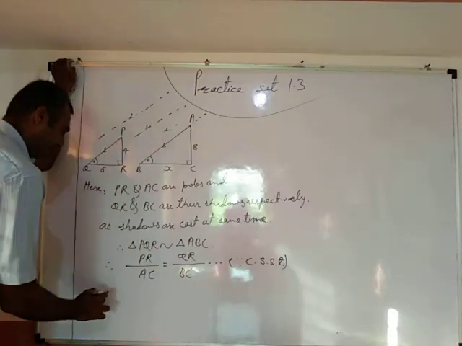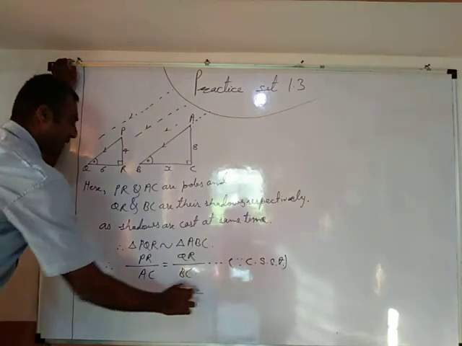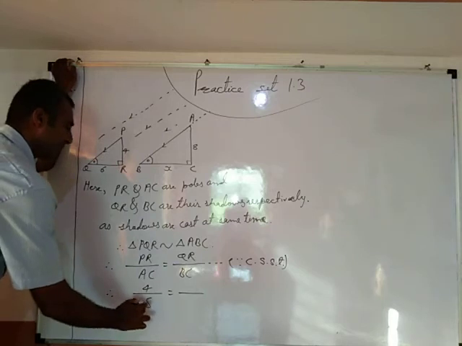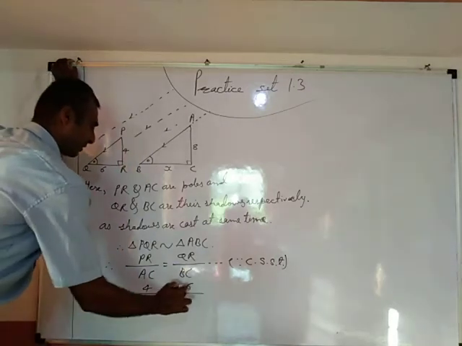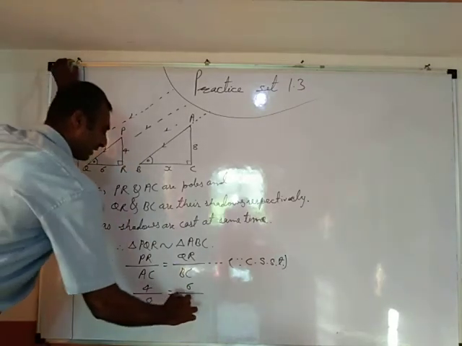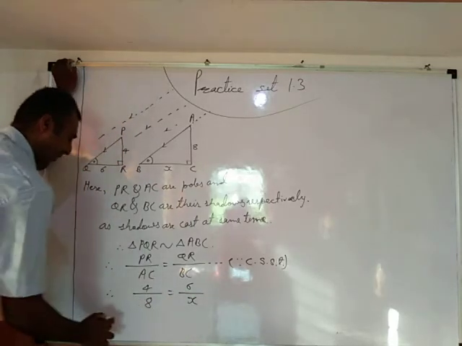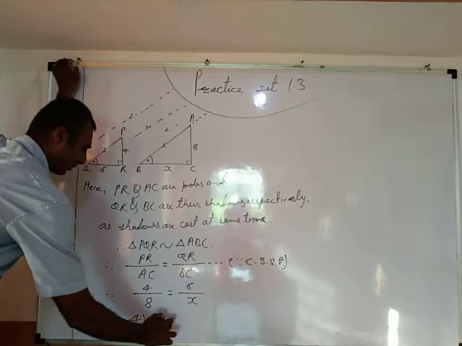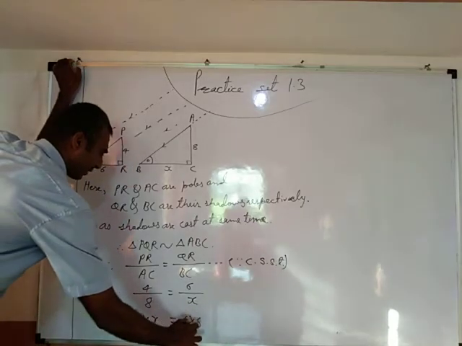Okay, and therefore let's put known values. PR is 4, AC is 8, QR is 6, and BC let's consider as X, and therefore 4 into X equals 6 into 8.